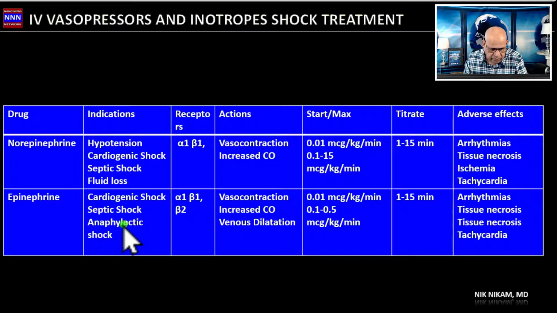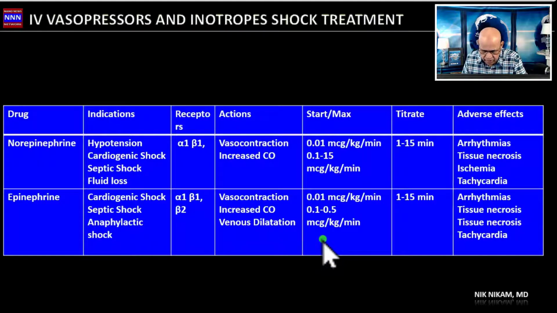The indications are very similar to what we use when we use norepinephrine, and it causes vasoconstriction, increases cardiac output, and because of the beta stimulation, it may cause some venodilatation. That's reducing some venous return.